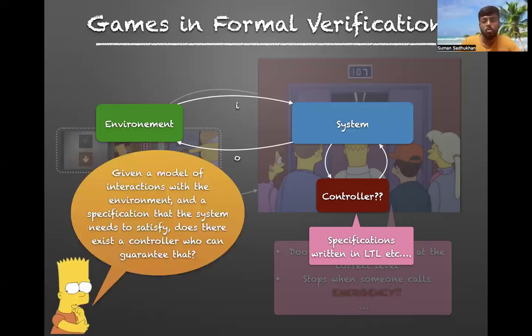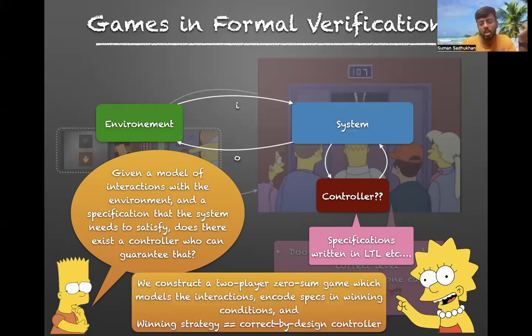And this problem we can model as a two-player game. So this is the problem that I mentioned, and we try to approach it by constructing a two-player zero-sum game, which models the interaction between the system and the environment.